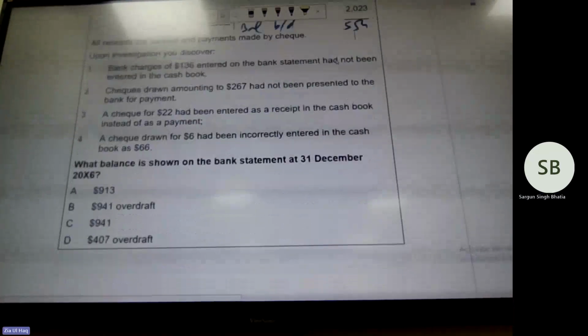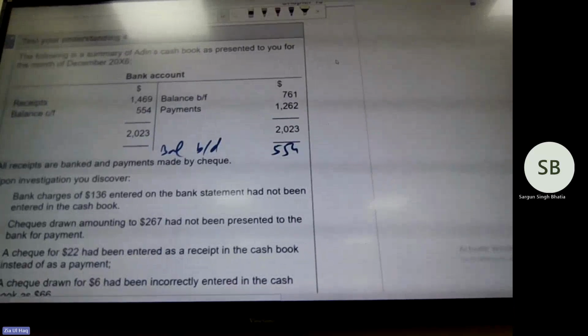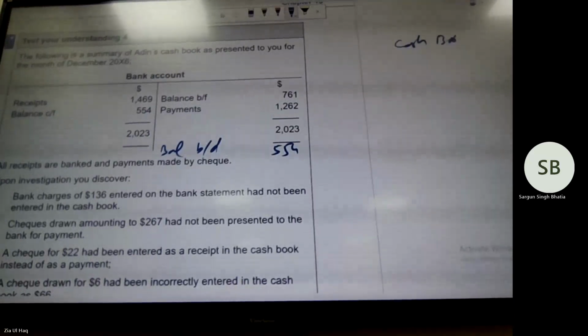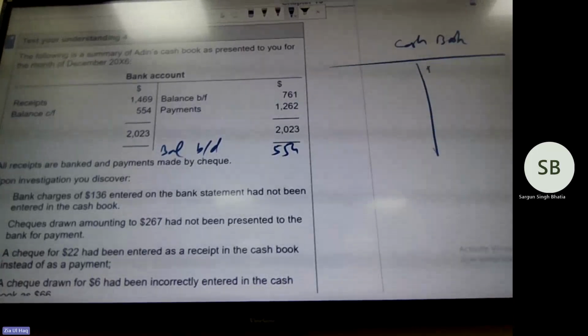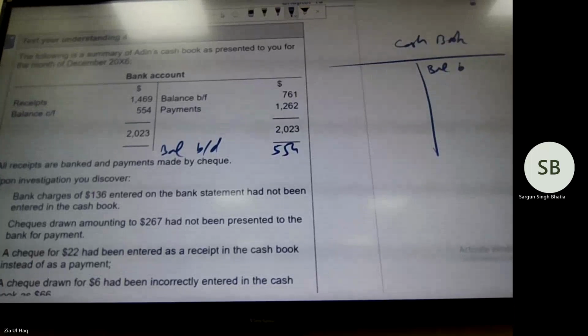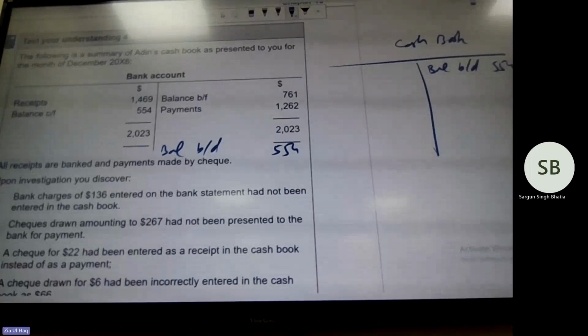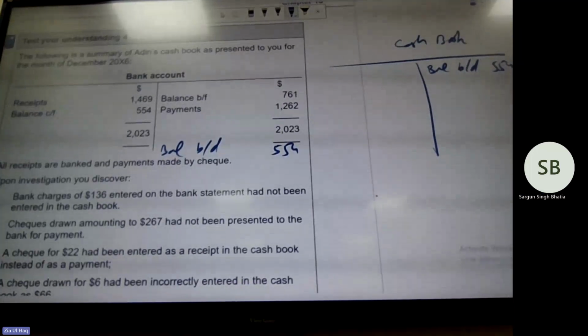This is the cash book balance at start of December. This means our cash book will start from this balance as a balance brought down, 554, and we need to prepare bank reconciliation.